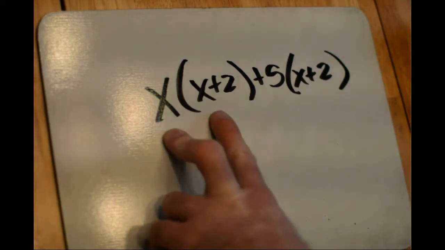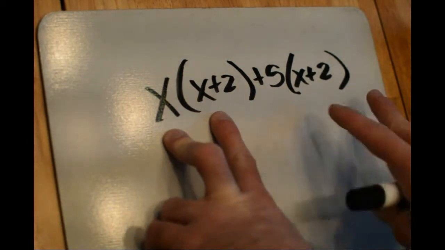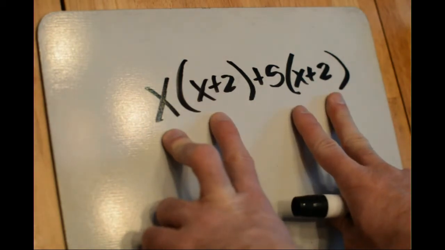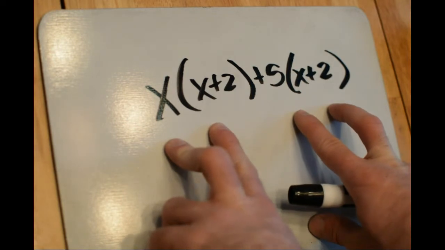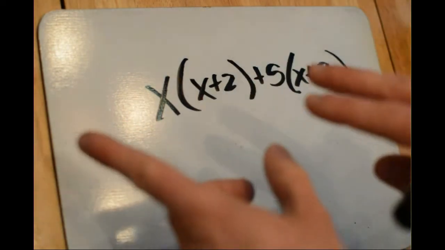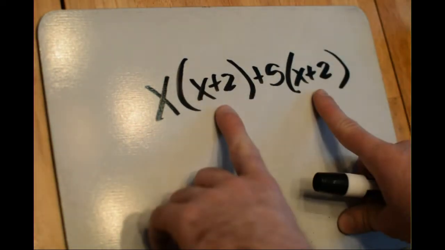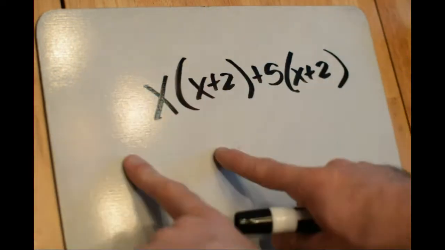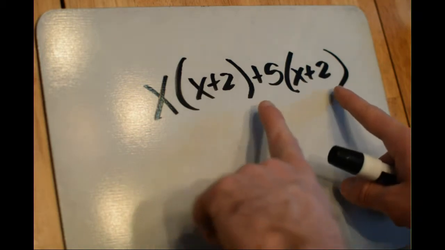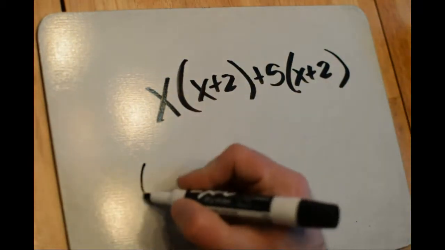This first x times x plus 2, that's a term, and 5 times x plus 2, that's its own term. So I want to see what these have in common, a common factor that I can factor out from both. Well, both of these have this quantity x plus 2, so just like we factored out the y in the last example, we're going to factor out x plus 2.